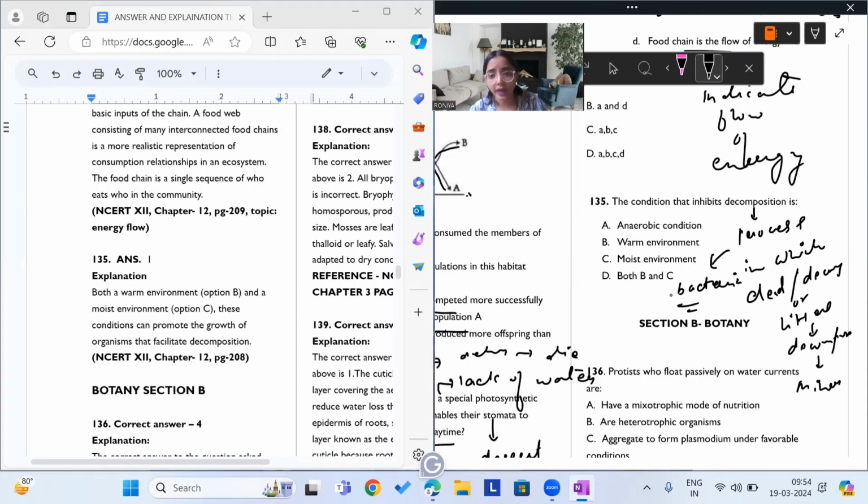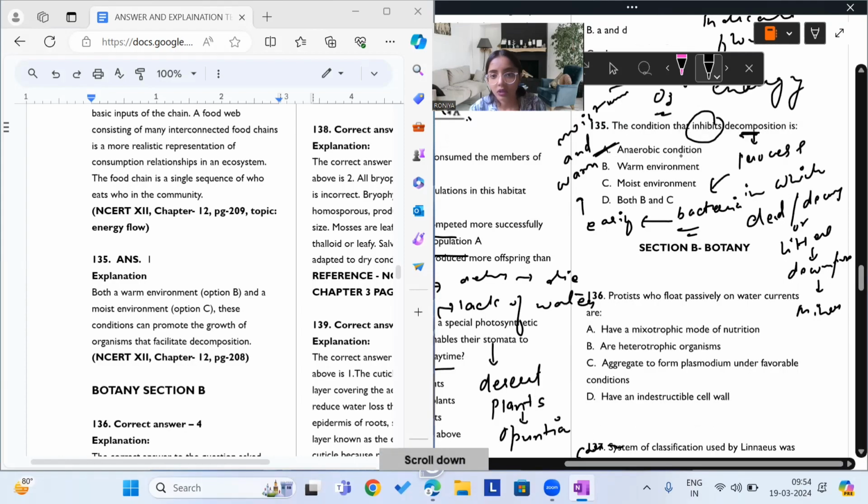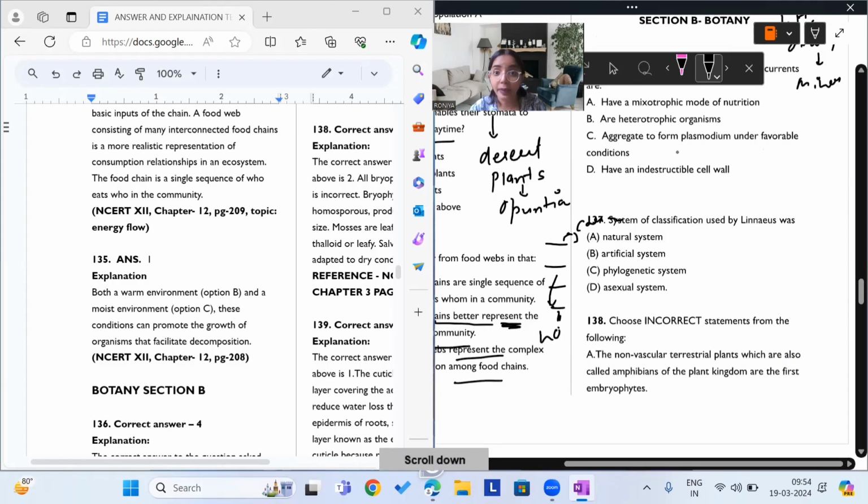So these bacteria can grow easily in warm and moist environments. So the condition that inhibits decomposition is anaerobic. Under lack of oxygen, the decomposition is inhibited, and it is promoted in warm and moist environments.